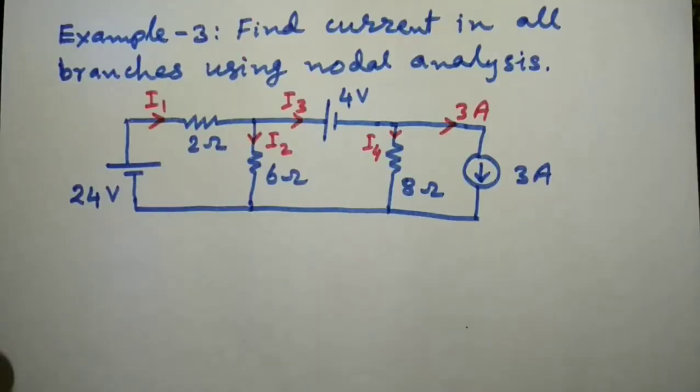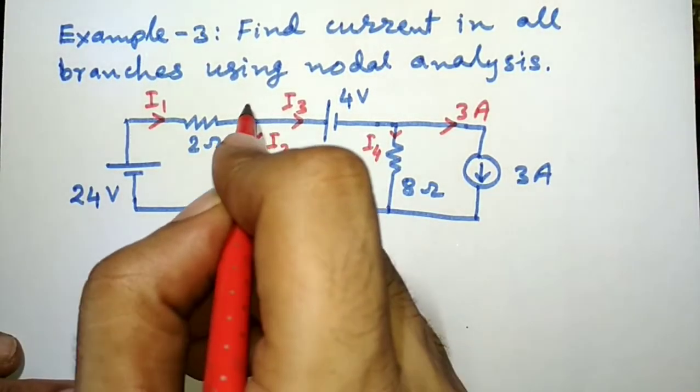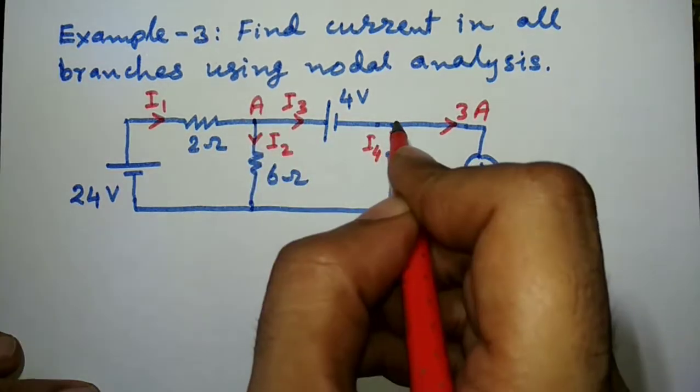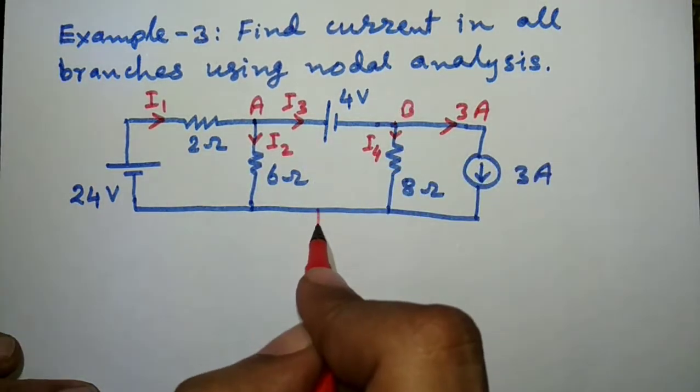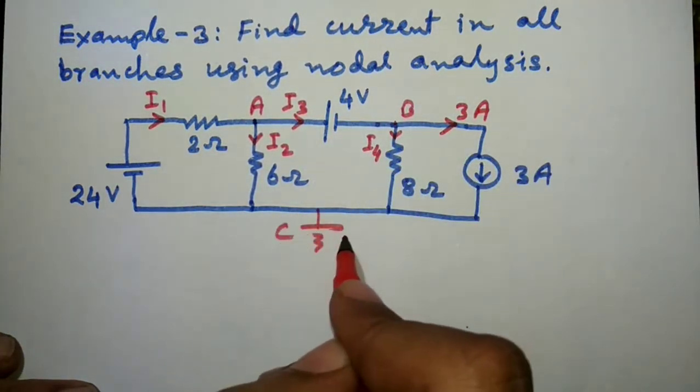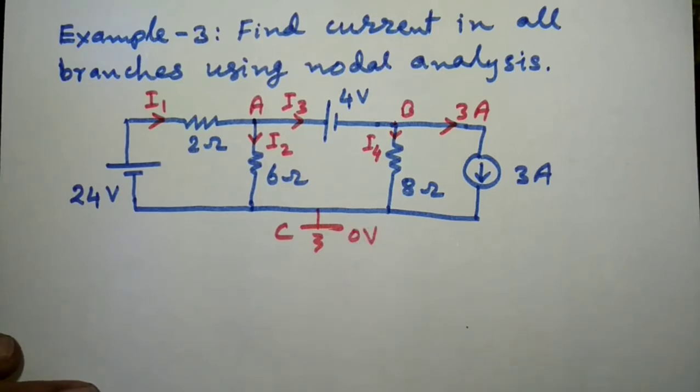Now the third question. Find the current in all branches using nodal analysis. So here the junctions are A, B, and this is grounded of 0 volt.